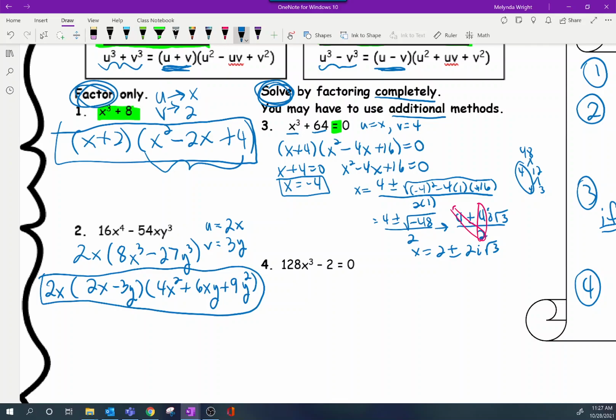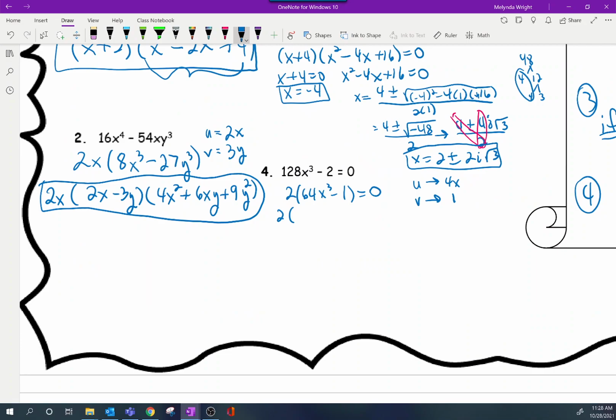Let's plug into that factoring pattern. That gives me 4x minus 1 times, let's see, 4x squared would be 16x squared, minus, nope, it's plus 4x times 1, which is 4x, and then plus v squared, so 1 squared is 1, and that equals 0. Whew, okay.